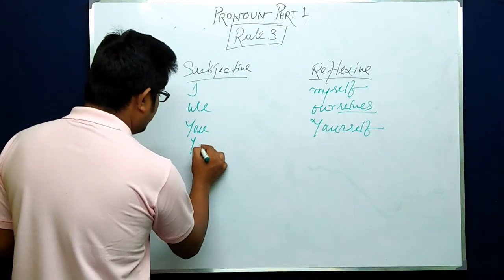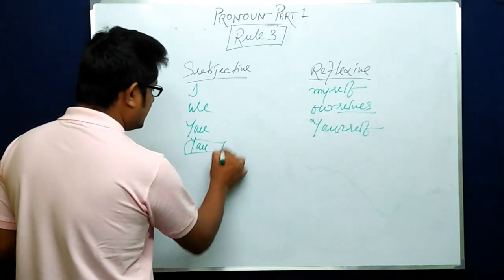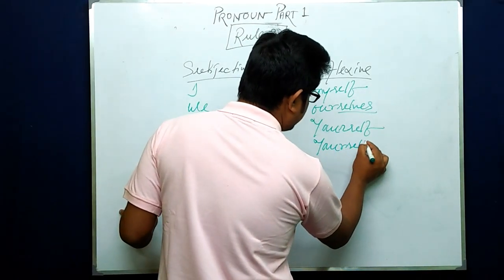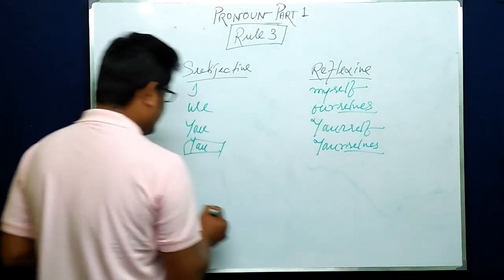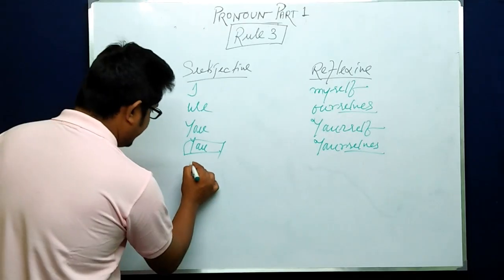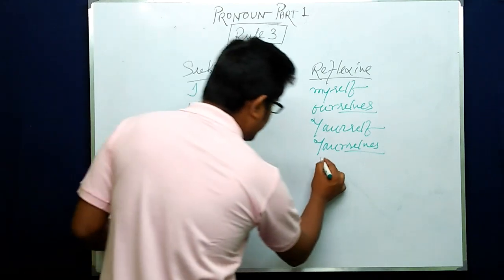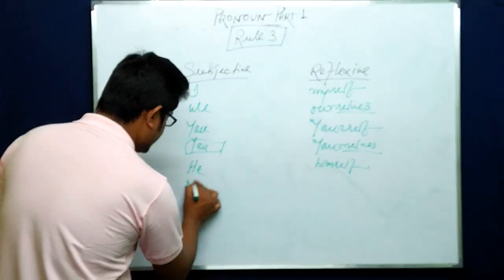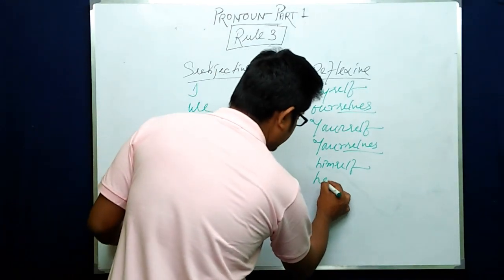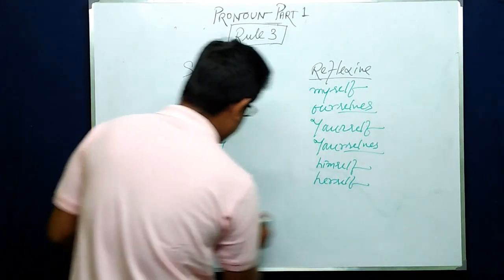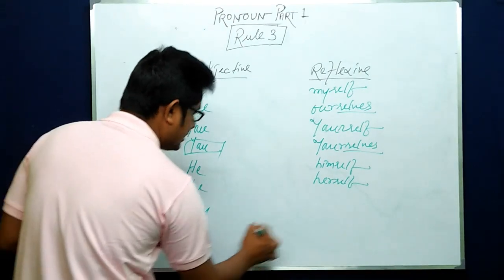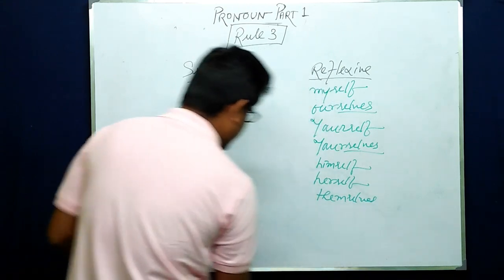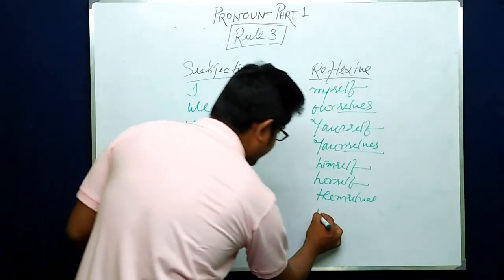Or if it is you in plural form, then it would be yourselves. Again, if it is he, it would be himself. If it is she, it would be herself. If it is they, then it would be themselves. And if it is it, it would be itself.